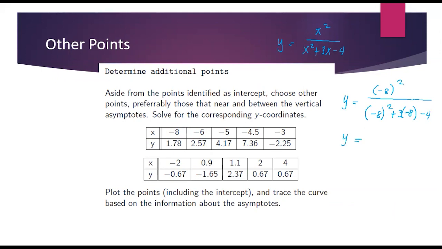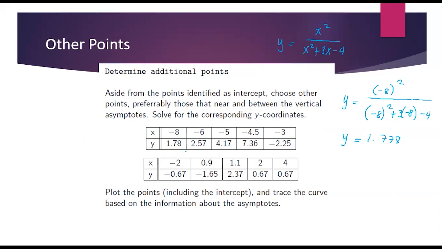So what is y now? You have 64 divided by 64 minus 24 minus 4. This will give you 1.778, or about 1.78.